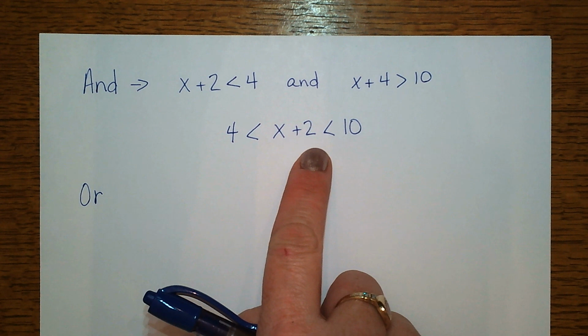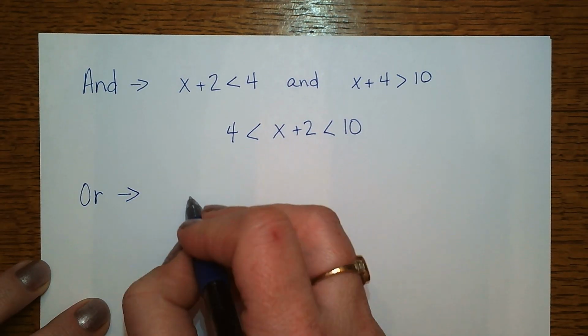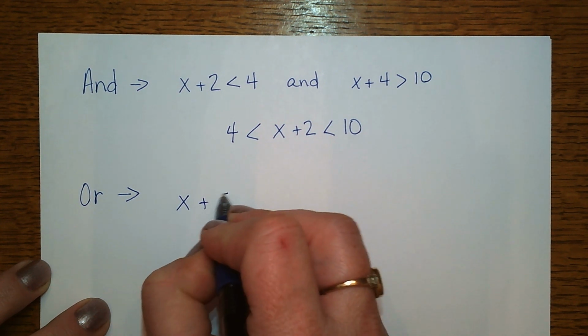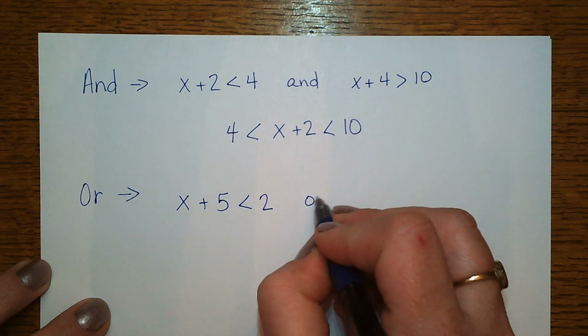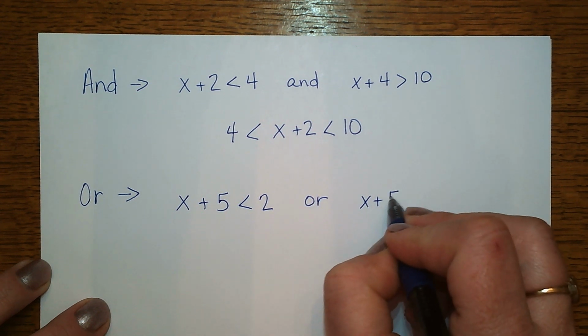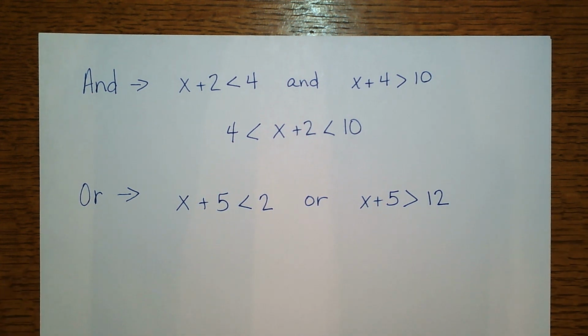This is another way to write an and problem. An or problem can only be written one way. And that would be how you would write an or problem.